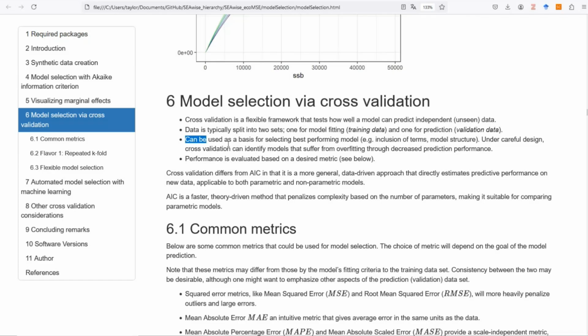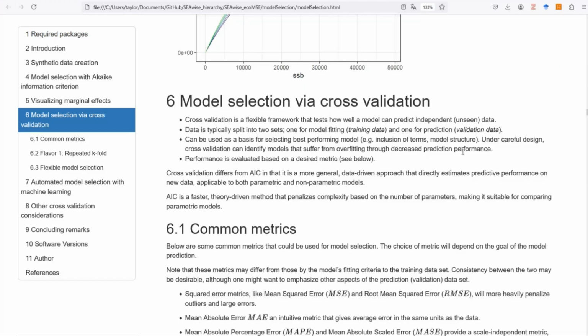And it can be used as the basis for selecting best performing models, or this could be whether or not to include a term or whether or not to use a certain structure. And under careful design, cross-validation can identify models that suffer from overfitting through decreased prediction performance.